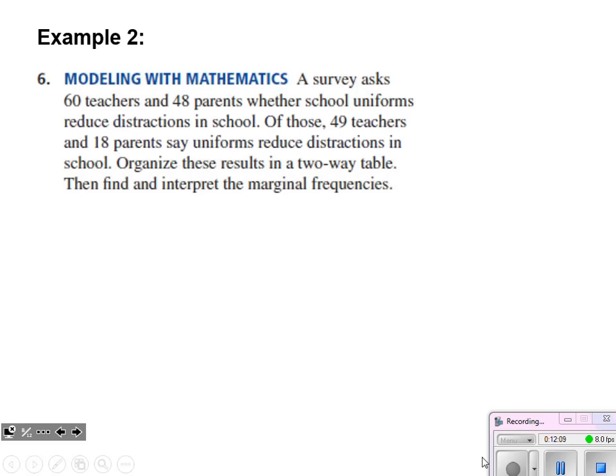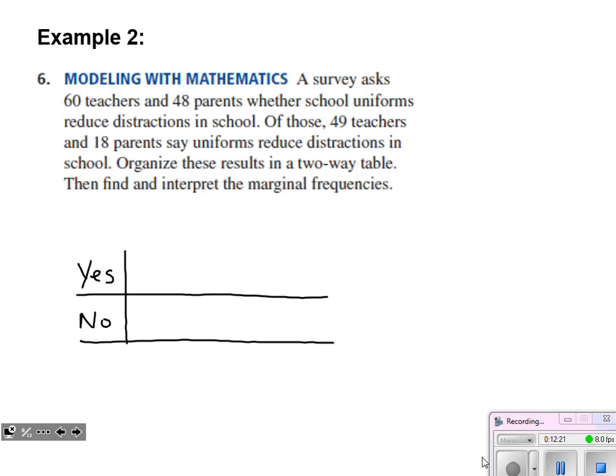All right. Well, let's get this thing set up. I know that the response was a yes, they reduce distractions, or no, they do not reduce distractions. So those were the two possible responses to this survey. I know that people that were involved, we had teachers, and we had parents.